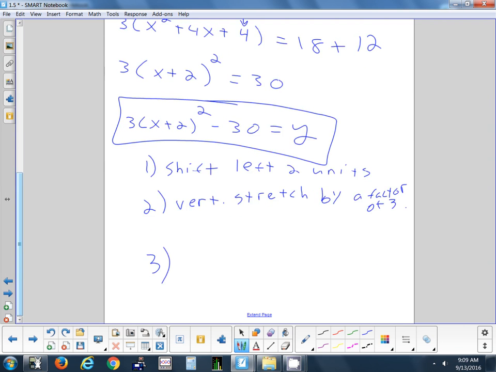And the last thing, what's that minus 30 going to do? That's going to go down, yeah. It's going to shift down 30 units.